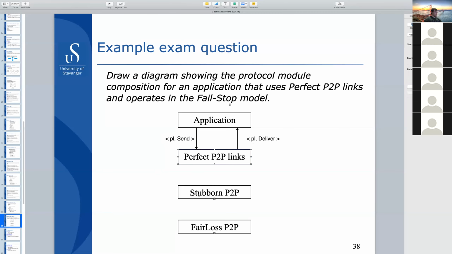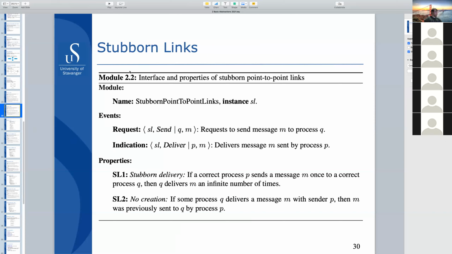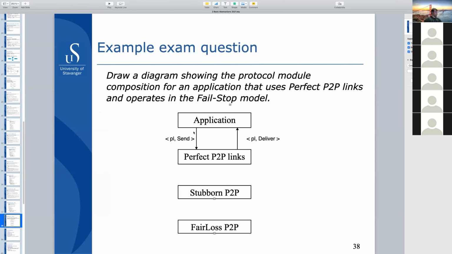So for the stubborn P2P, we do the same thing. We go to the module description. We see, okay, it has a send request event and then a deliver indication event. So all we need to do is just to copy this.